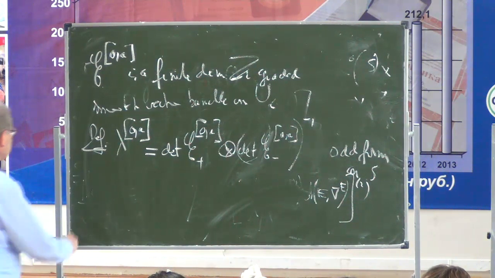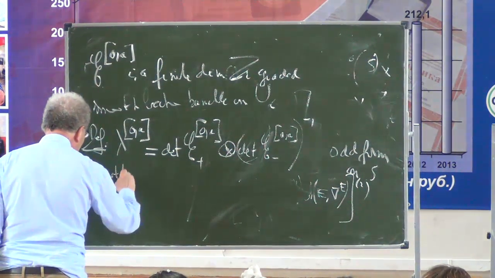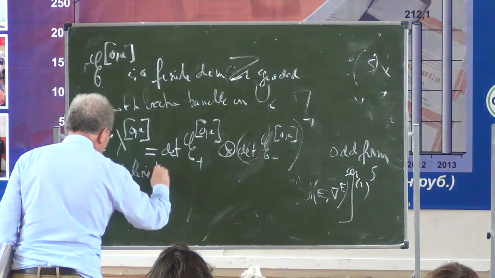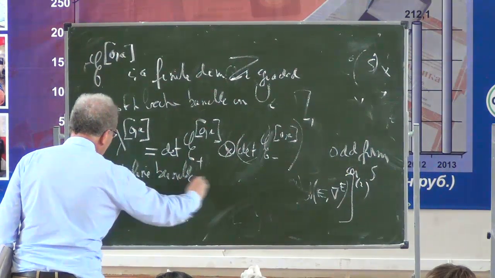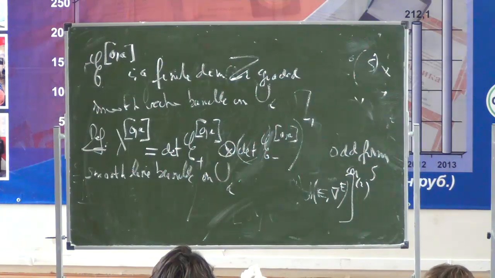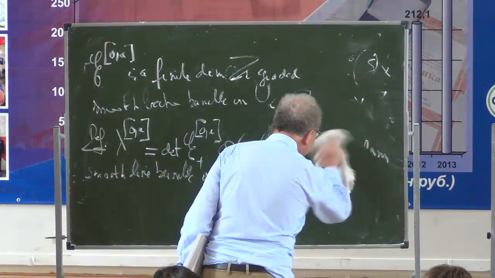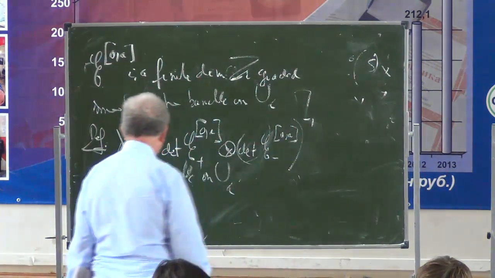Okay, so now this is a smooth line bundle on UA. And so now let's see how to glue all these vector bundles together.